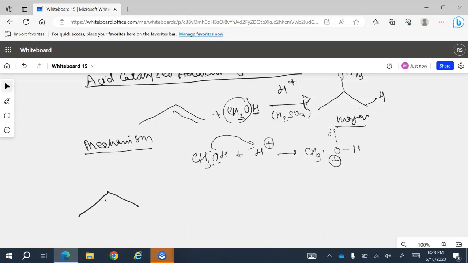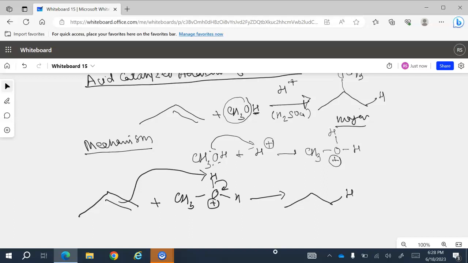And this is the alkene that we use, and we have CH3OH and H plus. Then the double bond will grab the proton and it will be neutralized. And again, it is the same as the addition of water. So hydrogen will go to the carbon with the larger number of hydrogens, so a plus charge is generated.